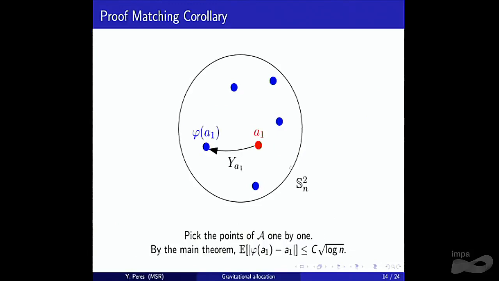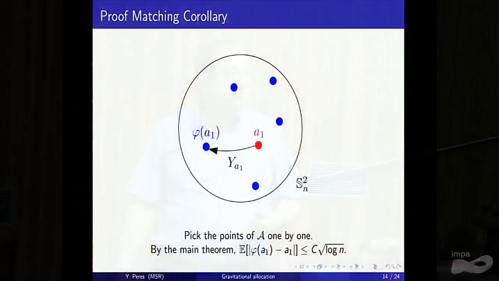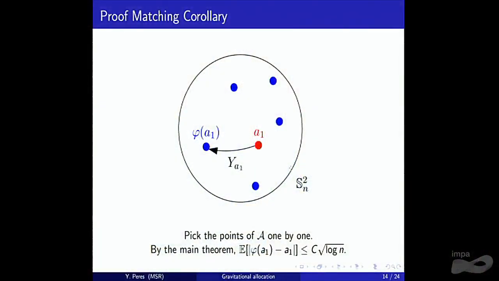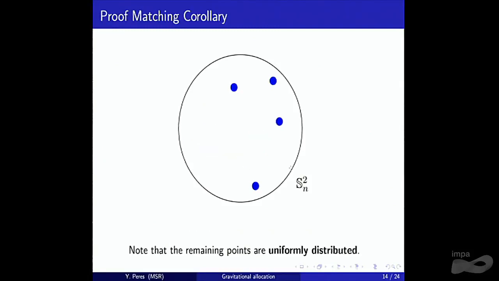A red point arrives, and it feels the force from all the stars. The red point arrives at a uniform point, so it won't land on the boundaries. With probability 1, it will land inside some basin, and that means it will travel to one of the stars. So that's our definition of the matching. We remove both of these, the red and the blue, and repeat.